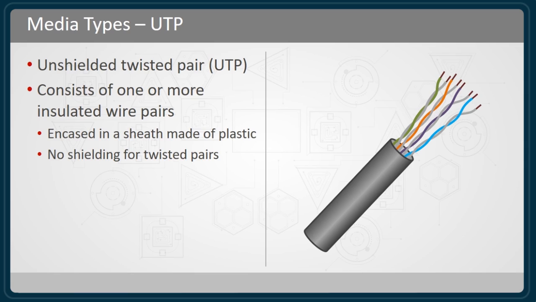So the wires themselves are twisted together, and that in and of itself does provide a little bit of shielding, but not very much. And then they are simply encased in the sheath made of plastic. But again, no shielding for the twisted pairs, hence the term UTP, unshielded twisted pair.